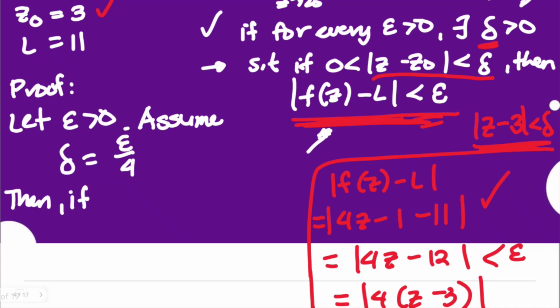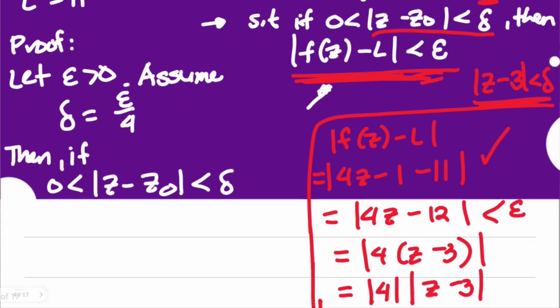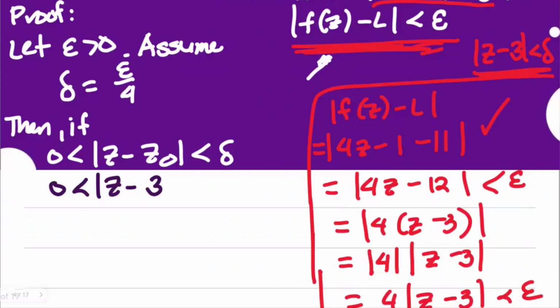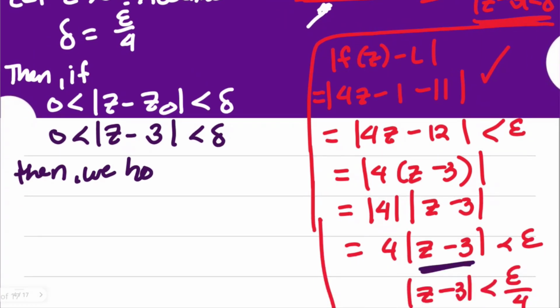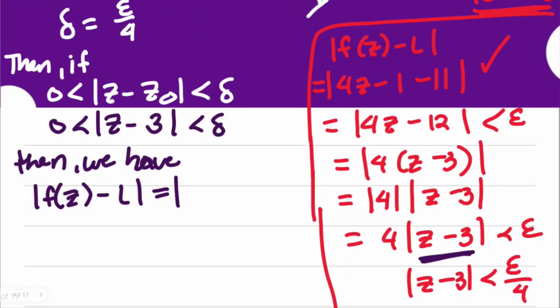if you have the statement absolute value of z minus z sub 0 less than delta, you can now substitute your z sub 0, which is 3 here, less than delta. Then we have f of z minus L, which is 4z minus 1 minus your L, which is 11.